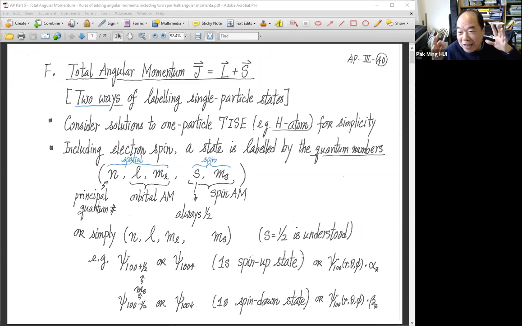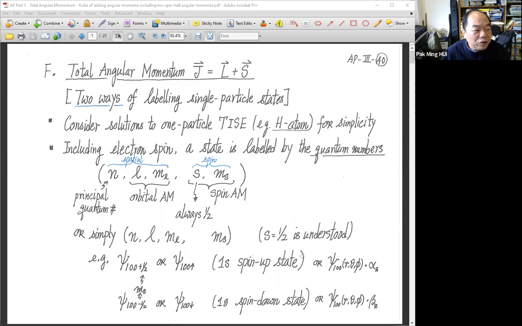Do you see a new section called total angular momentum? Good. So now we can start playing with more angular momentum in quantum mechanics. Previously, we only knew orbital angular momentum from solving the hydrogen atom central force problem, and then the Stern-Gerlach experiment telling us there's something called spin.